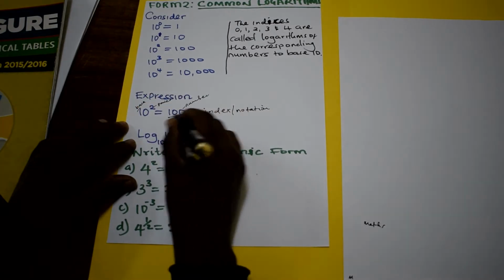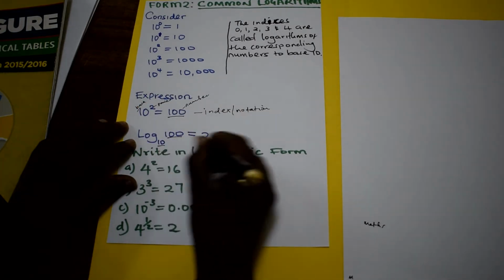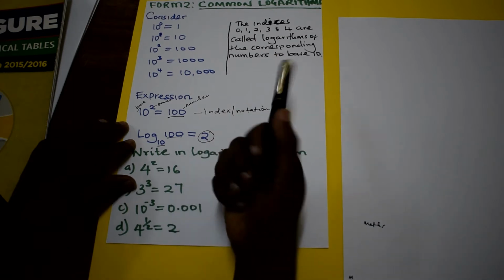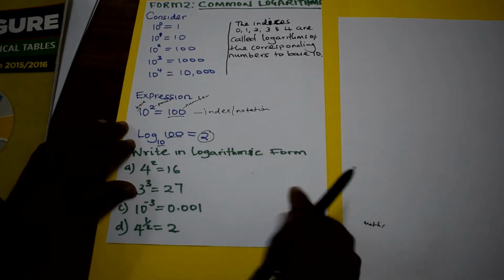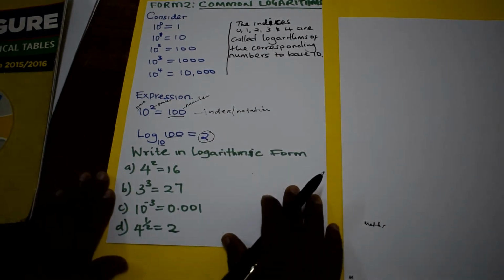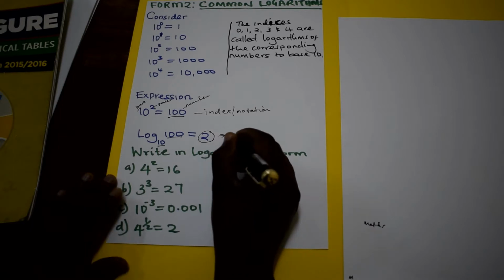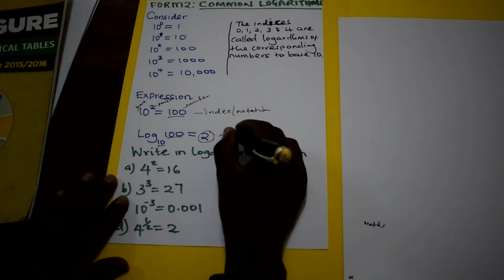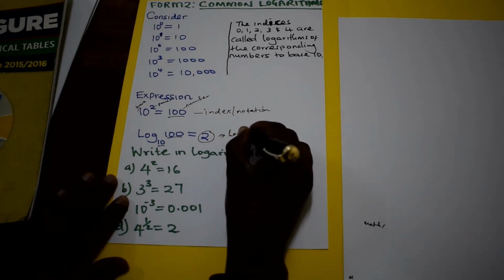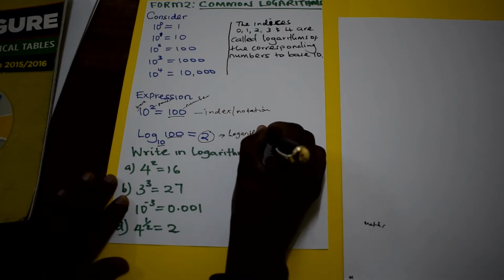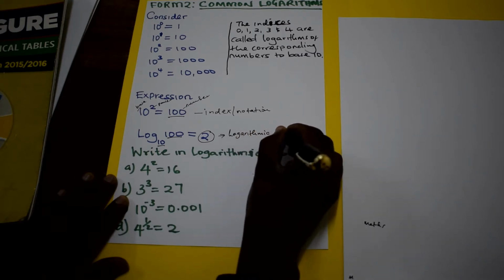So log 100 to its base 10 should be equal to the logarithm. This is what we call the logarithm of 100 to base 10. This form of writing, we call the logarithmic form or notation.